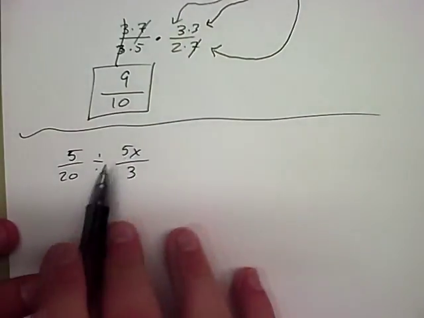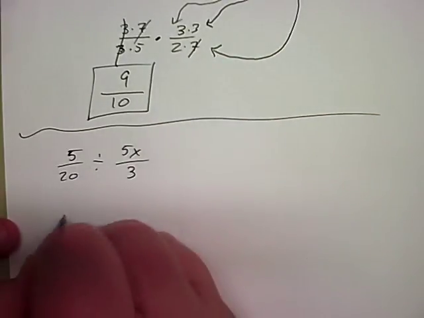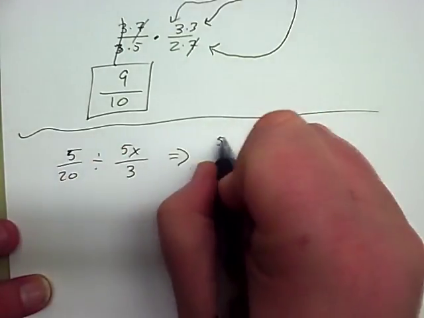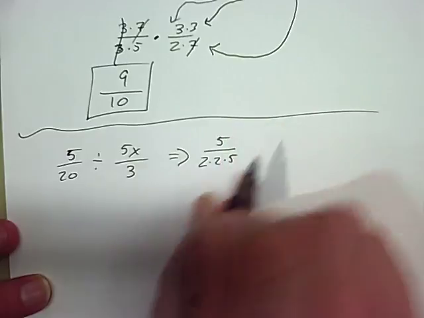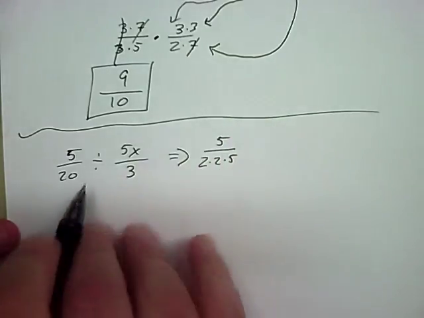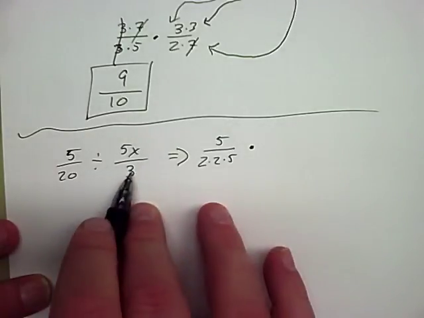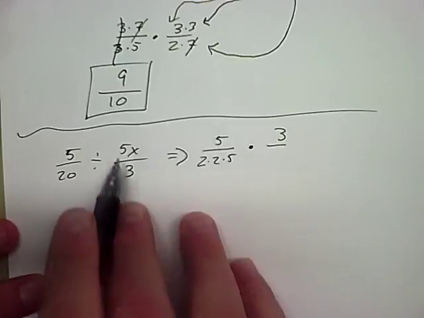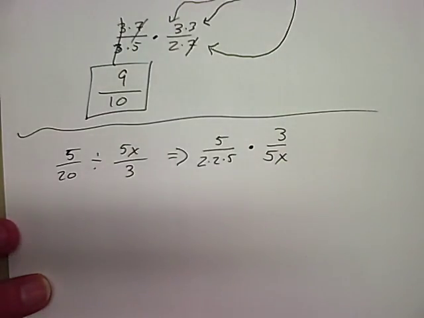Well, I want to break this down as much as we possibly can. 5 I cannot break down, so 5 is going to stay as 5. 20 is really 2 times 2 times 5, 4 times 5. Division turns into multiplication, and now I got to flip this guy. So the 3, he's not on the bottom, now he's on the top. And the 5x, I can't break that down any further, and we're done.